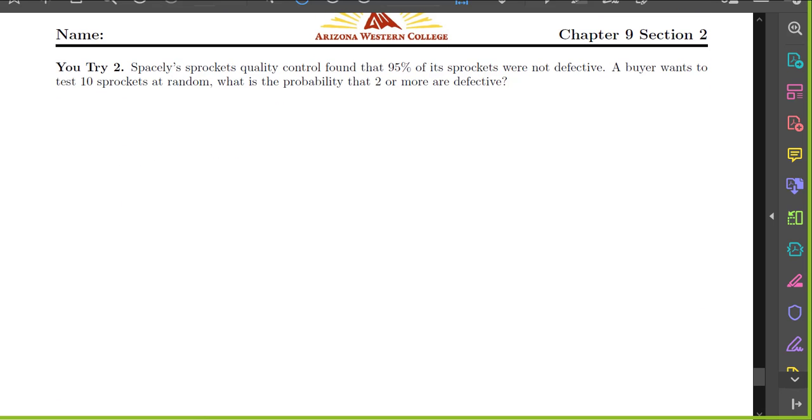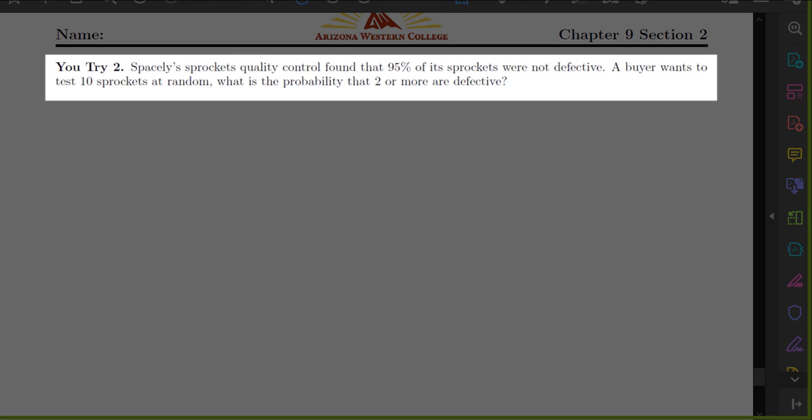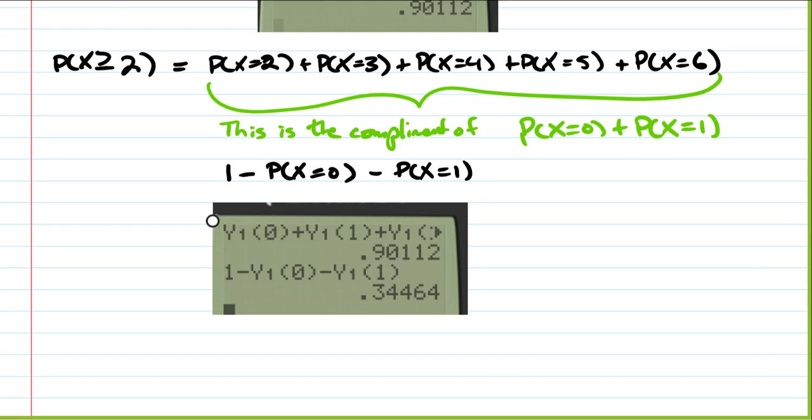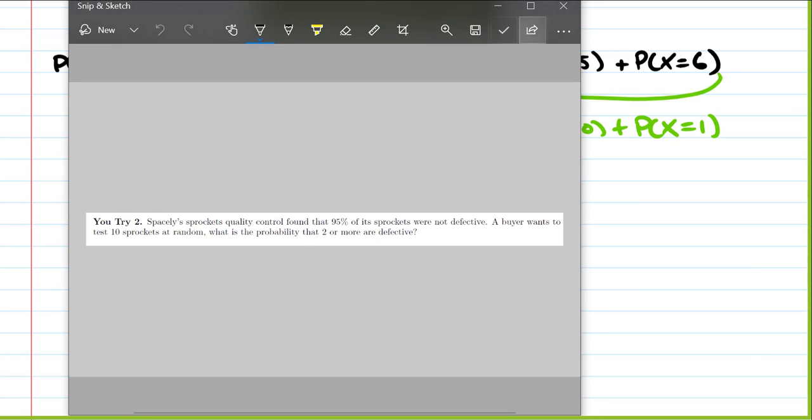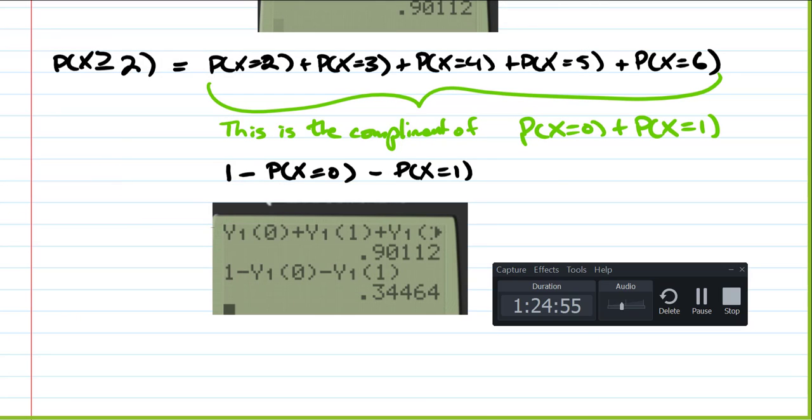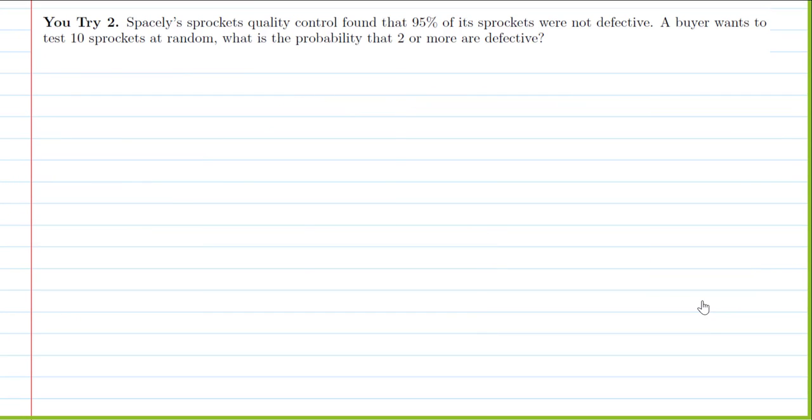All right. So, this last one is for you guys. All right. So let's go ahead and do this. So we want to know, what is the probability that 2 or more are defective?